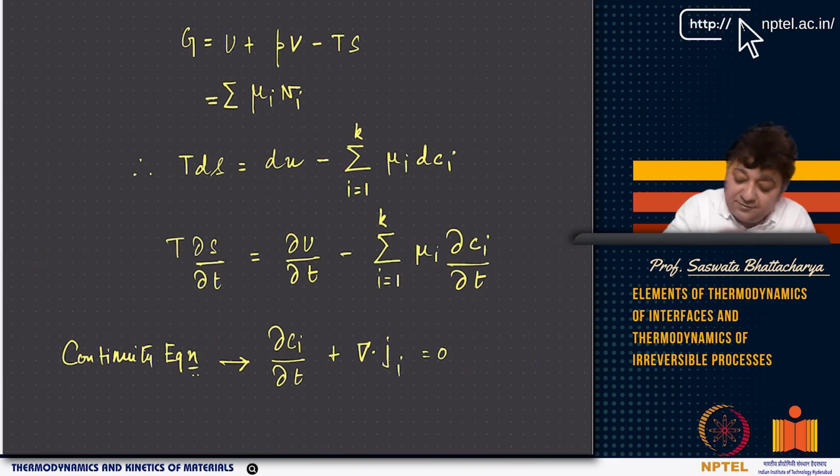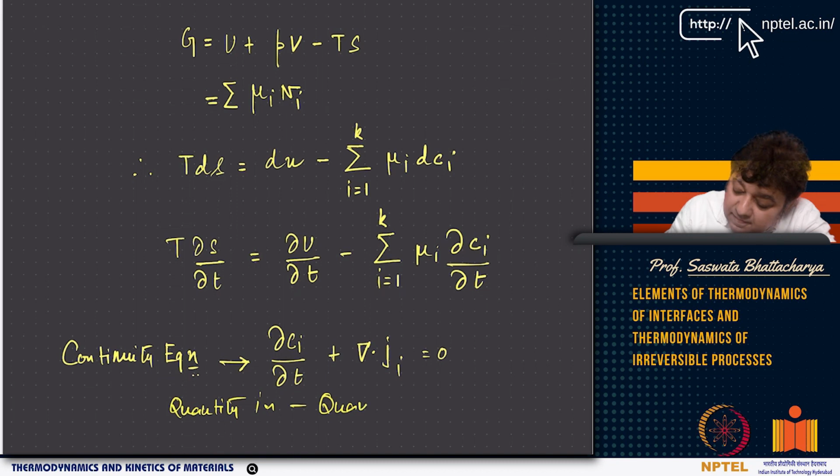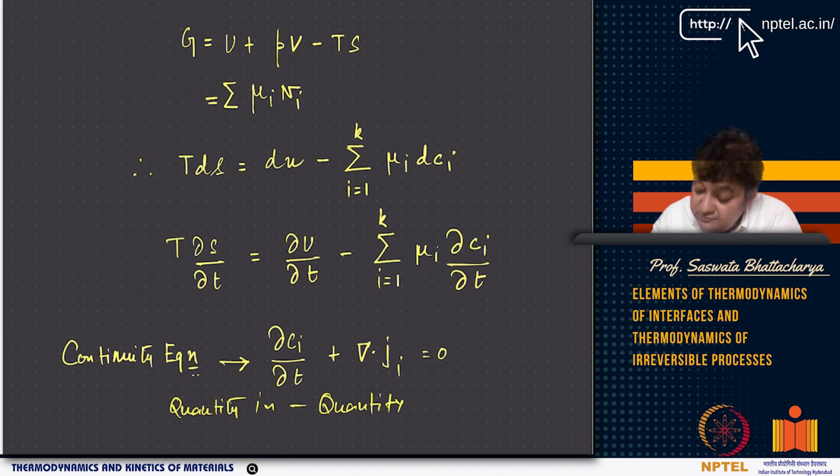Now again, I don't want to go into the algebra, but say for example, I add the continuity equation, which is a very important equation of kinetics. It comes from quantity in minus quantity out. If you remember, initially we looked at open systems, so that's what I am trying to do.